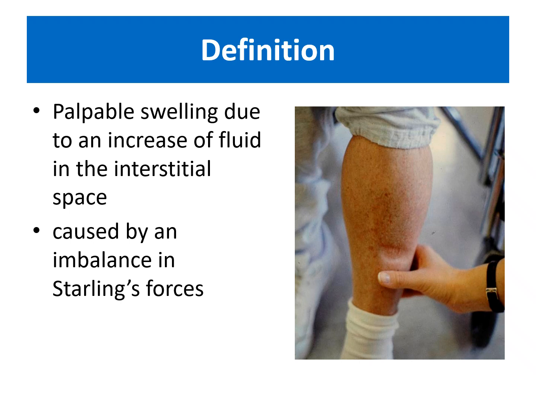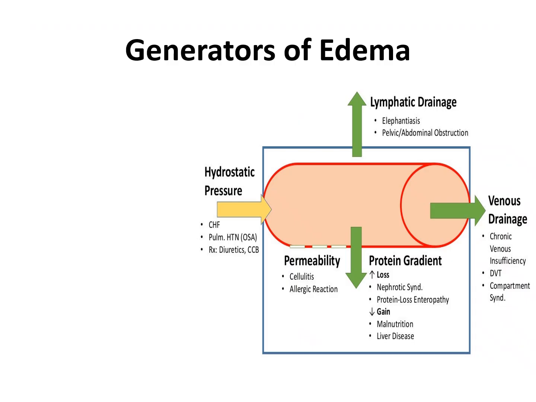Let's remind you of what Starling's forces are. Starling's forces are forces that are applicable in the terminal end of the arterial system, between the arterial and the venous system. So we're looking at pressures at the capillary level.